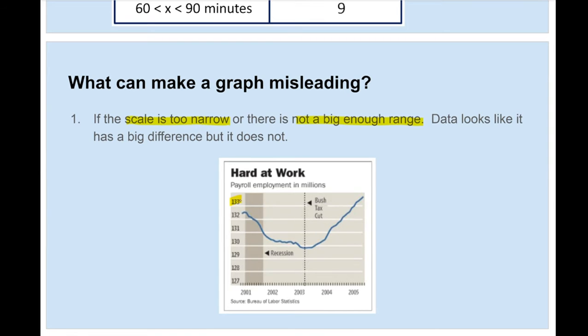But if we look at the actual scales, it's only going up by 1 million every line. So it's really not increasing that much, especially if you're considering a country as a whole. 1 million in terms of employment for an entire country isn't as much as the graph may make it appear to be.